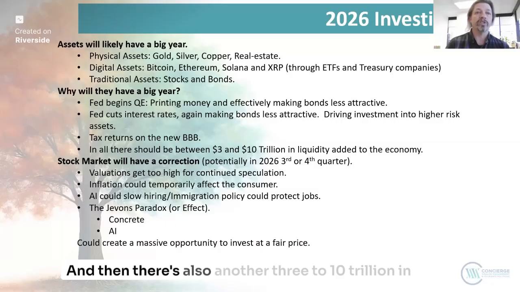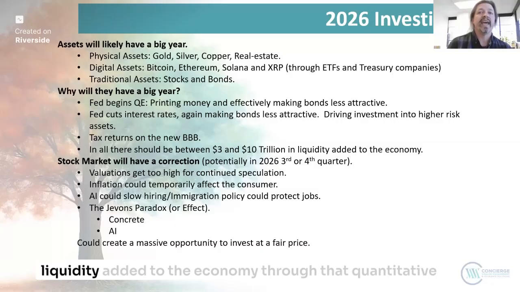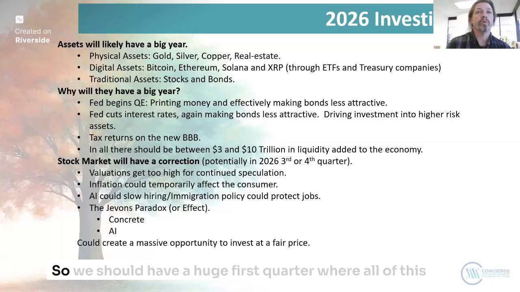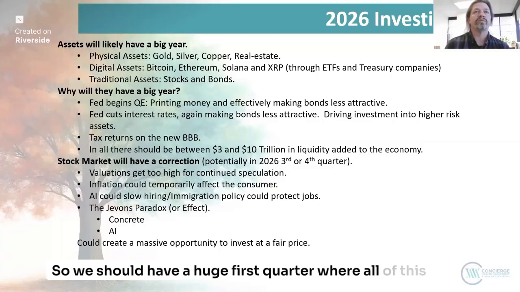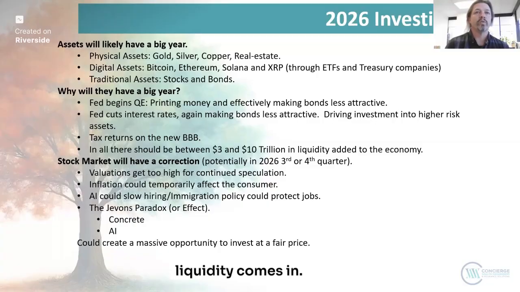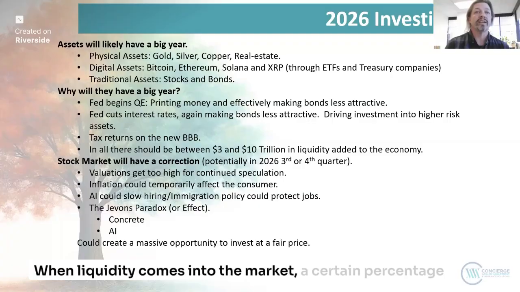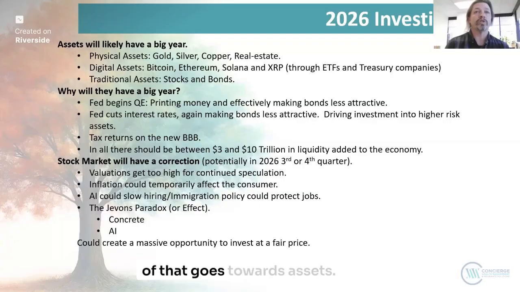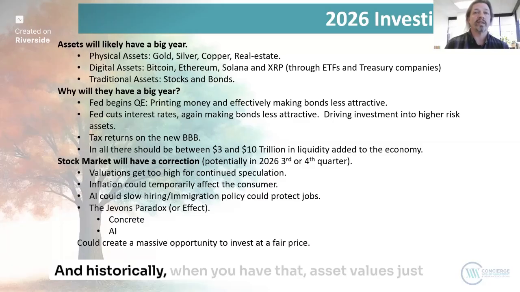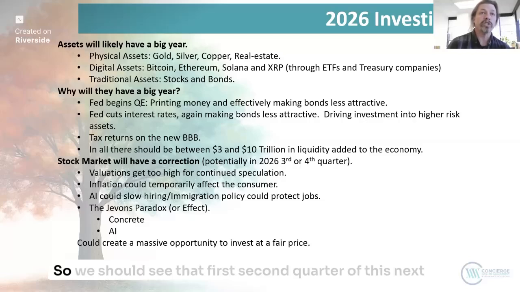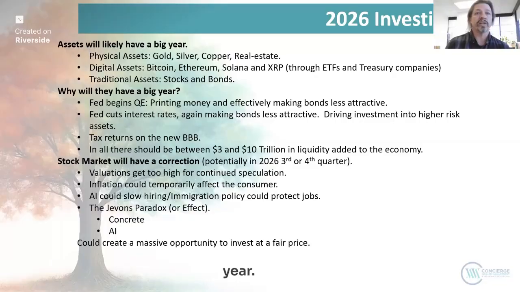And then there's also another 3 to 10 trillion in liquidity added to the economy through that quantitative easing. So we should have a huge first quarter where all of this liquidity comes in. When liquidity comes into the market, a certain percentage of that goes towards assets. And historically, when you have that, asset values just continue to rise. So we should see that in the first and second quarter of this year.